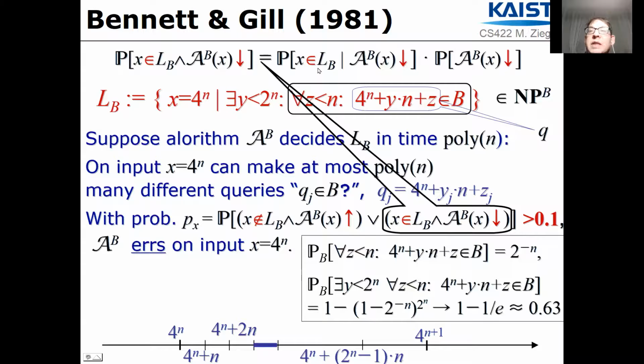The algorithm accepts, but it has looked only at polynomially many entries. And now probably the algorithm, if it's conservative, will have looked at entries that are actually present. But for most of the oracles, this is simply not true.